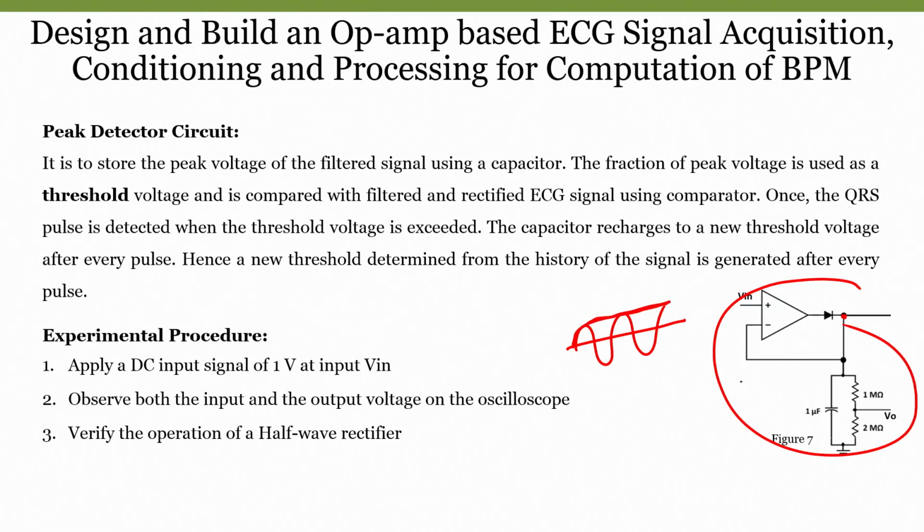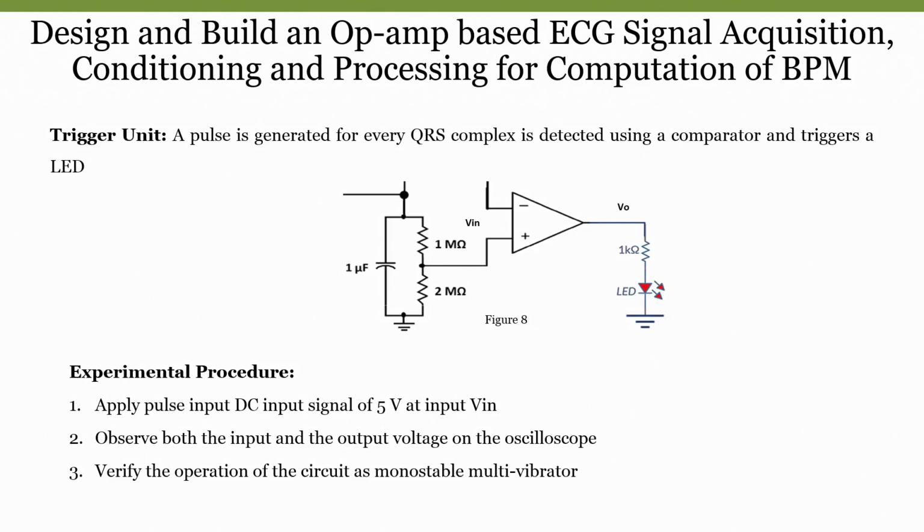So, that means we are able to see the peak value. Now, at this point we can also create a threshold. The next part is identifying and generating triggering pulses if the input voltage is greater than the threshold value.